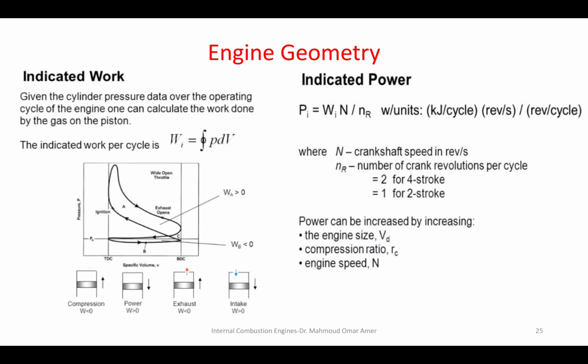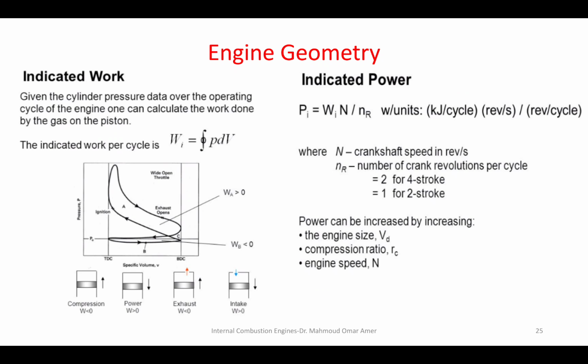What is RPM? Or let's make it, sorry, how many cycles does the engine do per minute, not second? The engine is rotating at 3000 RPM. RPM is revolutions per minute.